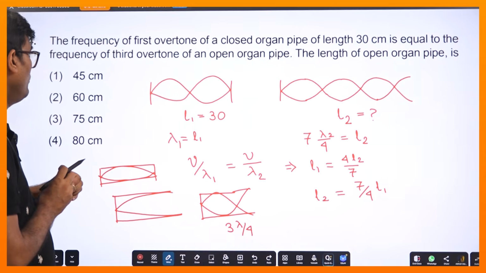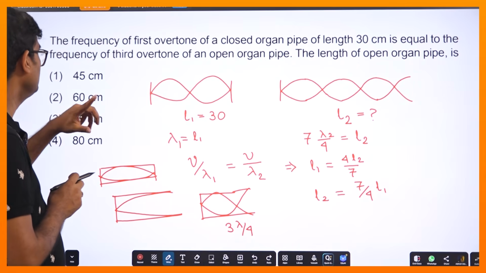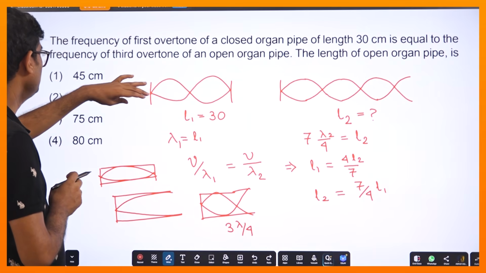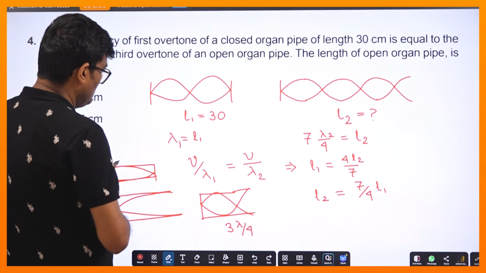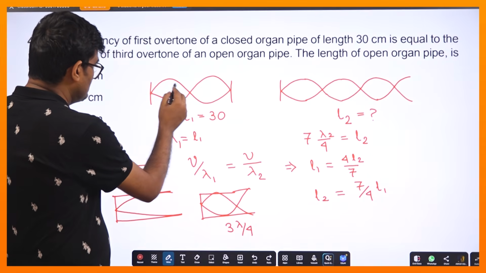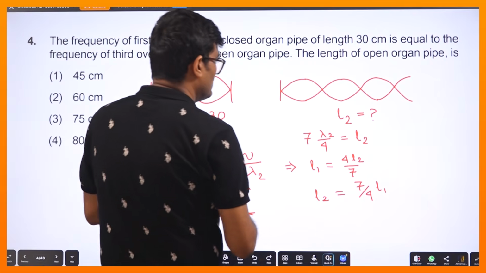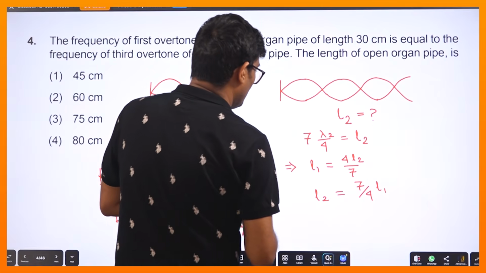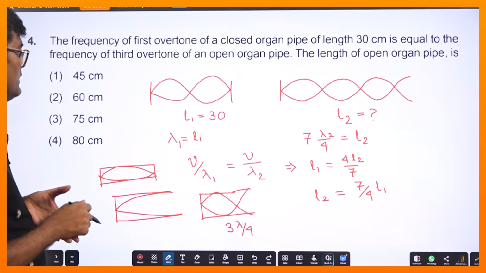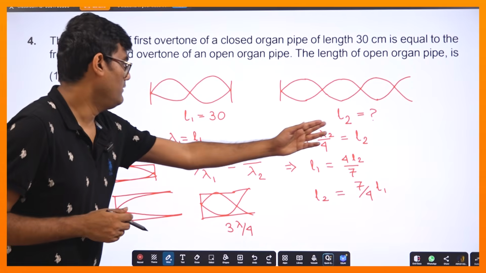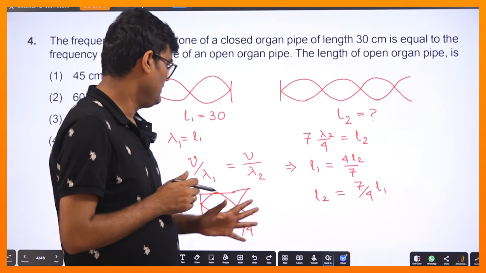The frequency of the first overtone is equal to the frequency of the third overtone. Now frequency is velocity by wavelength. In this case, the wavelength is equal to L1, and 7 by 4 into lambda is equal to L2. So the value of lambda 2 is 4L2 by 7.